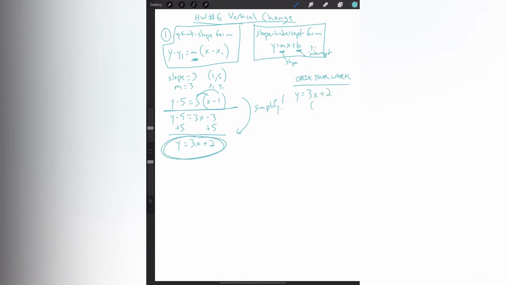Let's substitute in 1, 5 from right here, right? So let me substitute in: 3 times 1 is 3 plus 2 is 5. Is 5 equal to 5? Yes. So I know that this answer, y equals 3x plus 2, is a line that has a slope of 3 and goes through 1, 5.